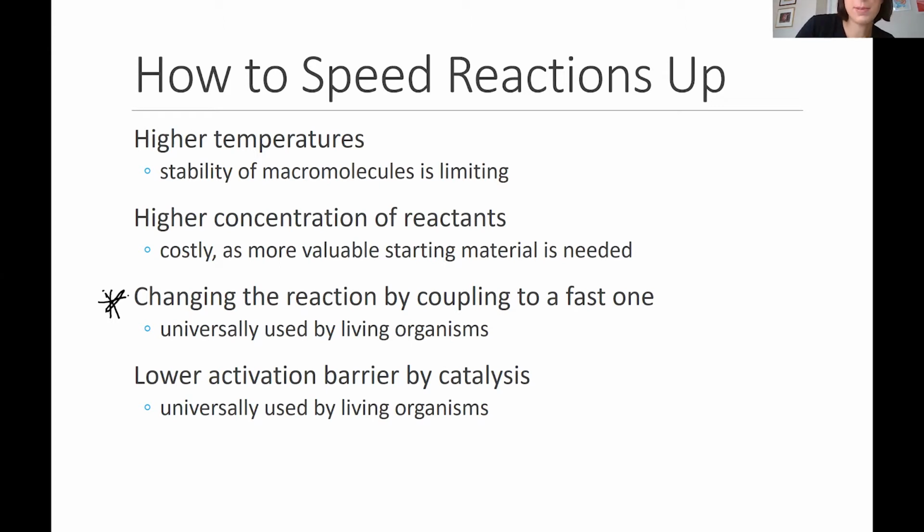And another way to speed up reactions, as I noted, is through catalysis. That's by lowering the activation energy. We'll go through this a little bit more in a second. But again, this is universally used by living organisms. Across the board, enzymatic catalysis, in fact, is used by organisms.